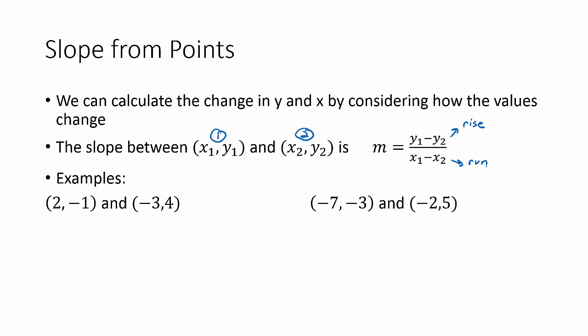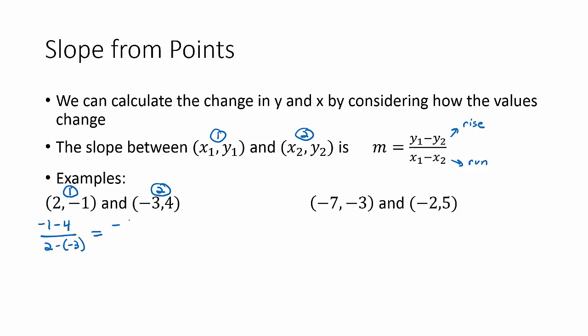If we want the slope between (2, -1) and (-3, 4), we'll call (2, -1) the first point and (-3, 4) the second point. First, we subtract the y's: -1 minus 4. That's the rise over the run, where we subtract the x's: 2 minus -3.